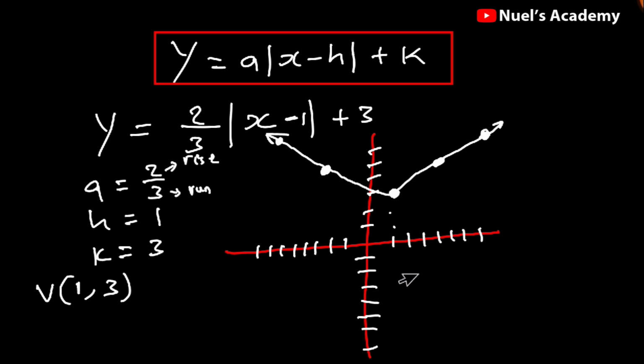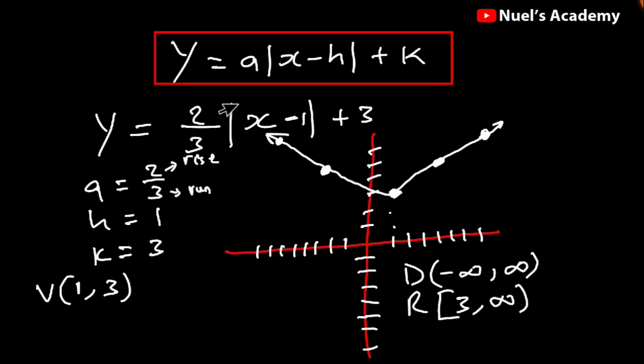Then for domain and range, the domain is still all real numbers, and then the range is going to be from this point, where y is equal to 3. So it's going to be from 3 to infinity. Now notice that you can also get all these points by just plugging in random values of x and then solving for y. That's another way to plot this graph accurately.